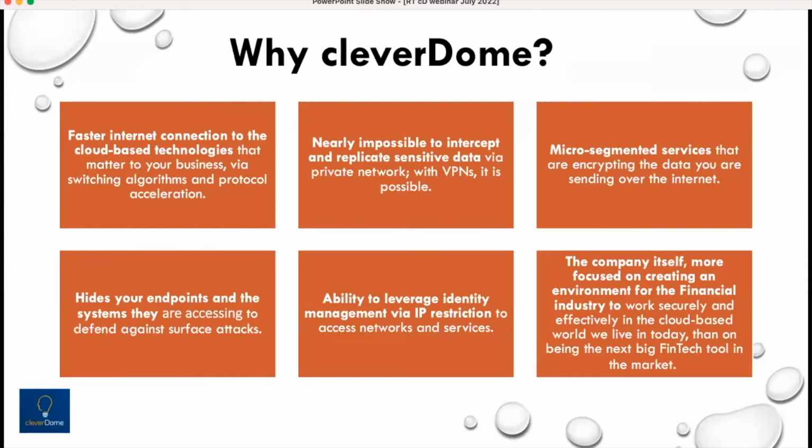By doing this, we've made specific things where we can automate some of your compliance mandates. It hides your endpoints. It makes it near impossible for hackers to intercept your information and replicate it. You have faster internet speeds because, unlike a VPN that puts everything into a pipe, we microsegment specific critical applications. So you'll start to see between 3 to 5 times faster speeds.